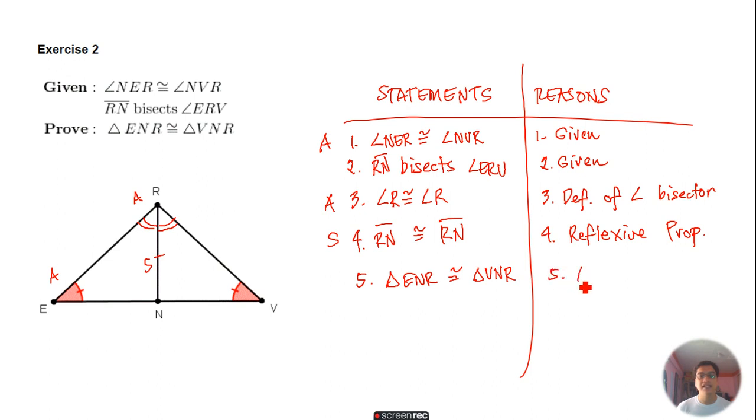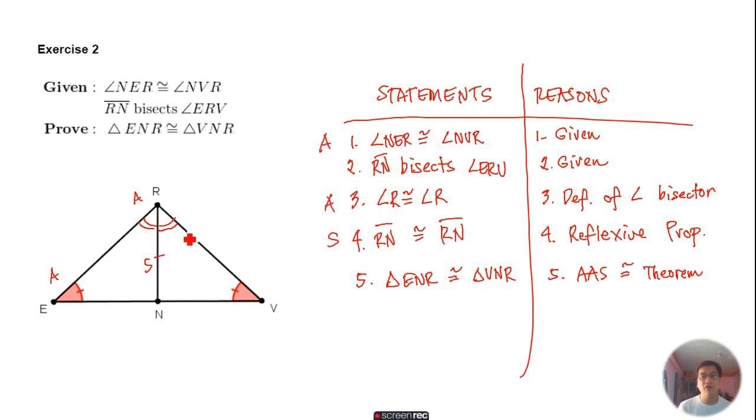Our reason is the AAS congruence theorem. If you first write the side here, and then next the angle, that's okay. It will still follow the AAS, not ASA.